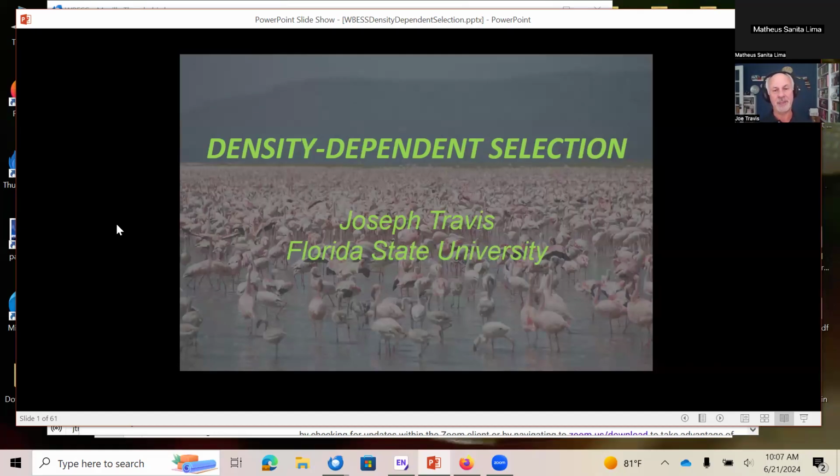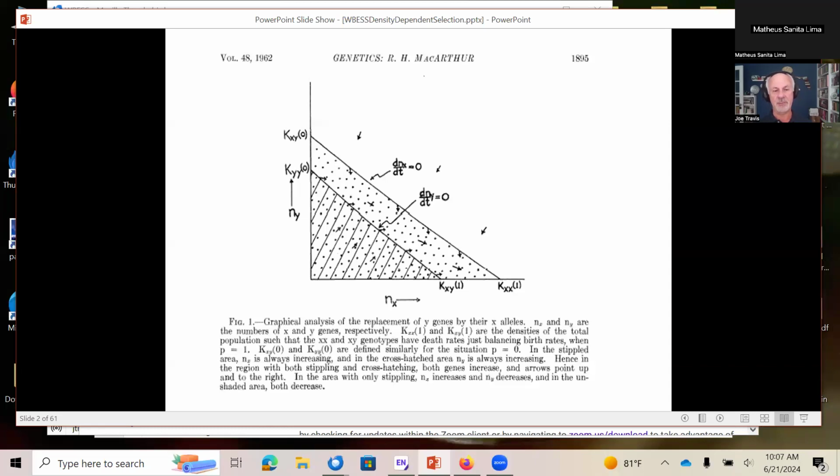Let me begin with a slide from a paper published in 1962 by the late Robert MacArthur. This was a monumental paper in which MacArthur demonstrated that given certain assumptions, when a population is regulated in its density, the measure of fitness that is appropriate is not the rate of increase, which is the traditional population genetic measure, but the equilibrium population size, or the carrying capacity, if you will.